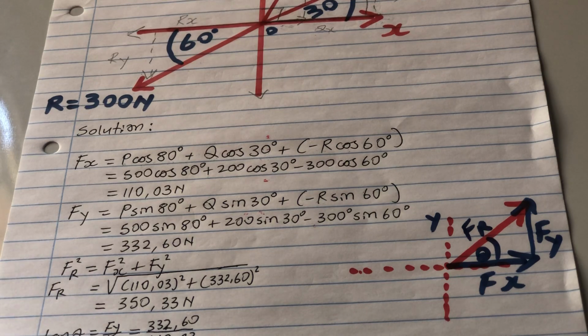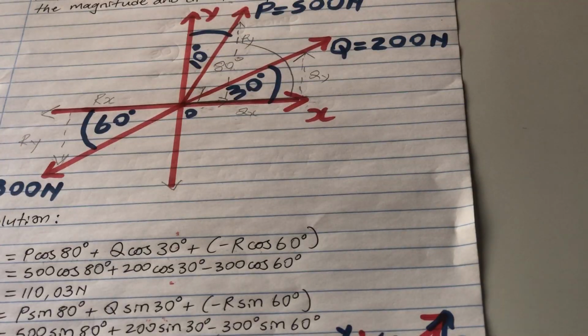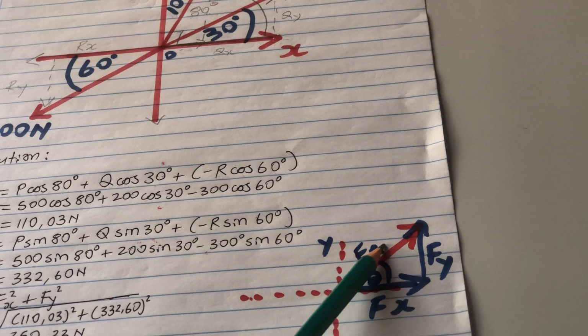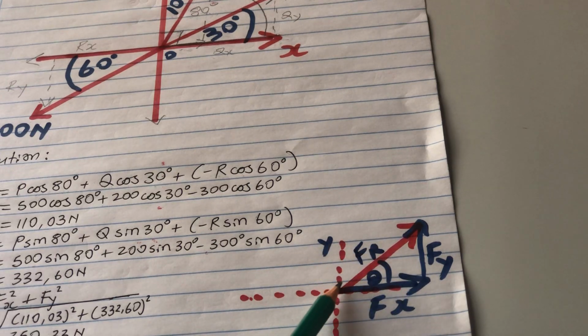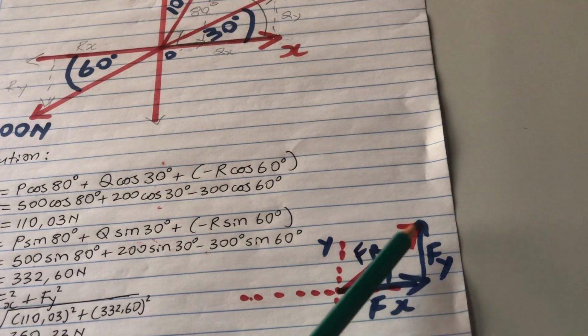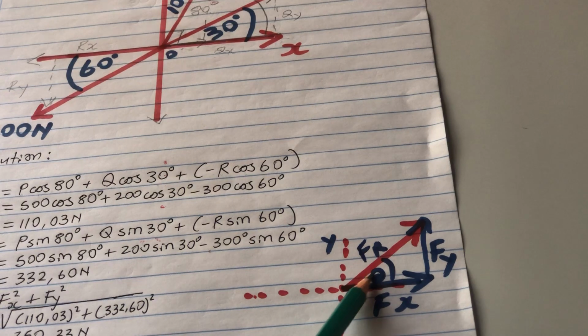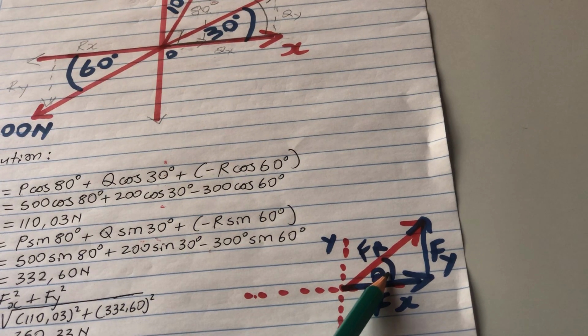The second one requires us to calculate the direction of this resultant force. For us to be able to get the direction of this resultant force, we must find theta, this angle here. It will tell us the direction of this resultant force.